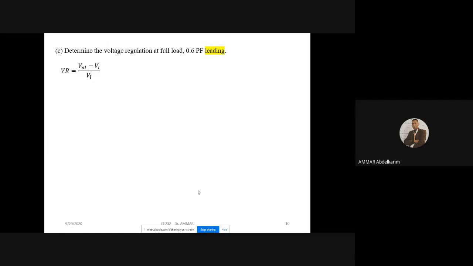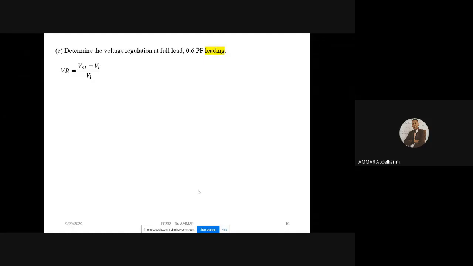So we know that the voltage regulation is the difference, or we can say the change, because it's delta V over V. It's the change in voltage magnitude before and after connecting the load.